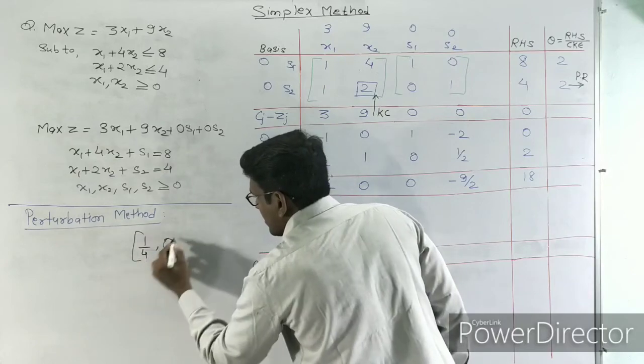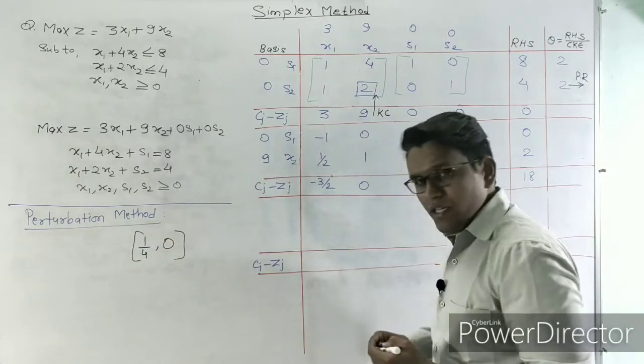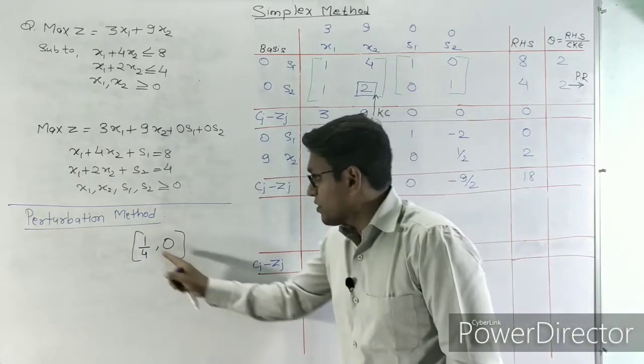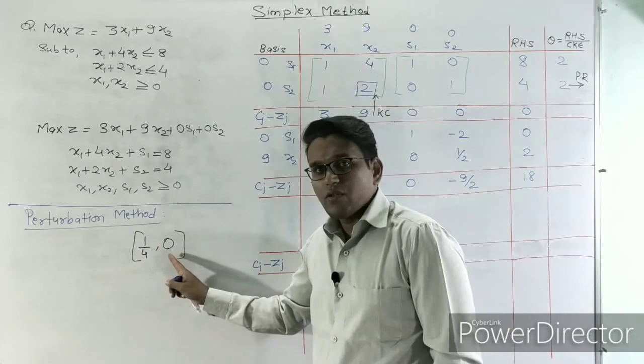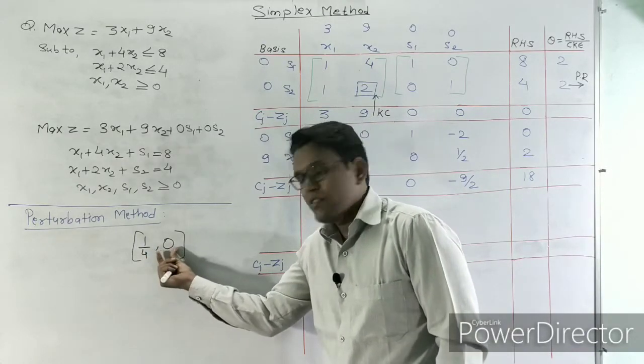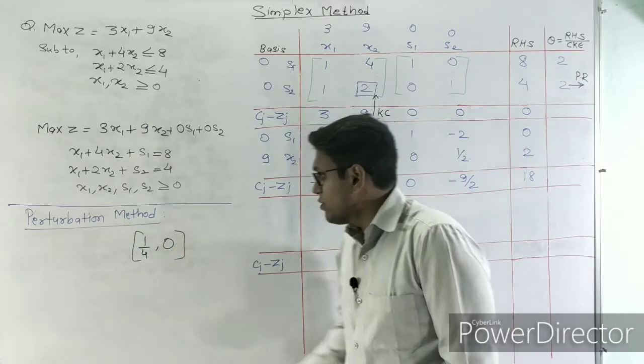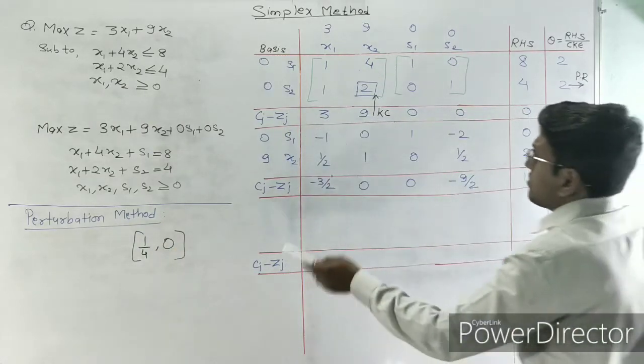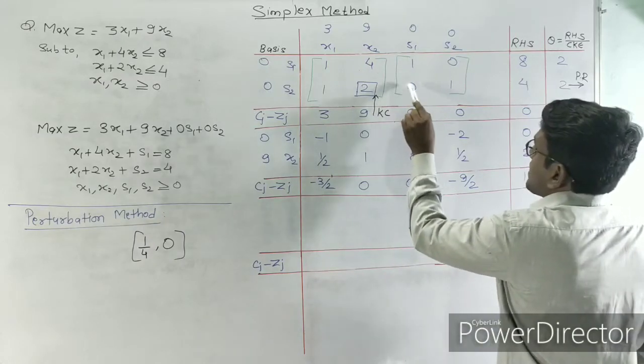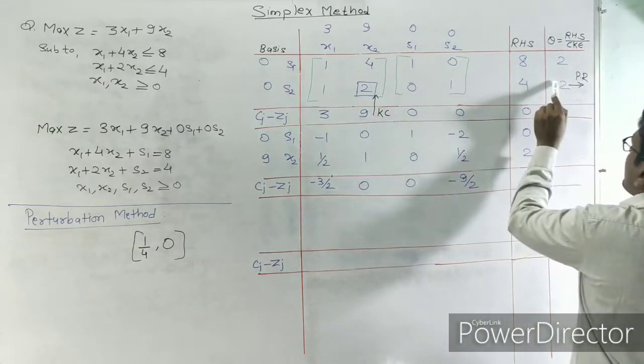So the two values we get at first are 1 by 4 and 0, and 0 is the minimum value present here. So we will select the value 0.